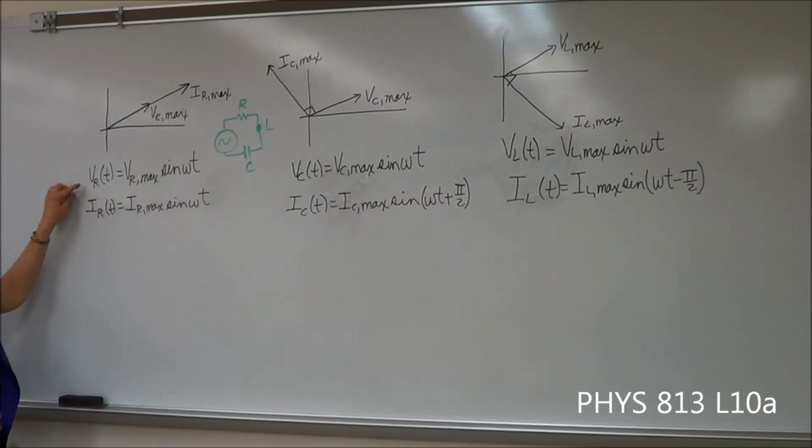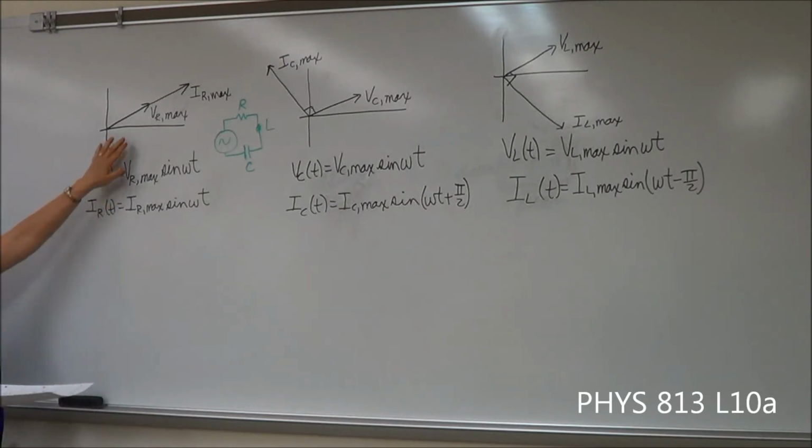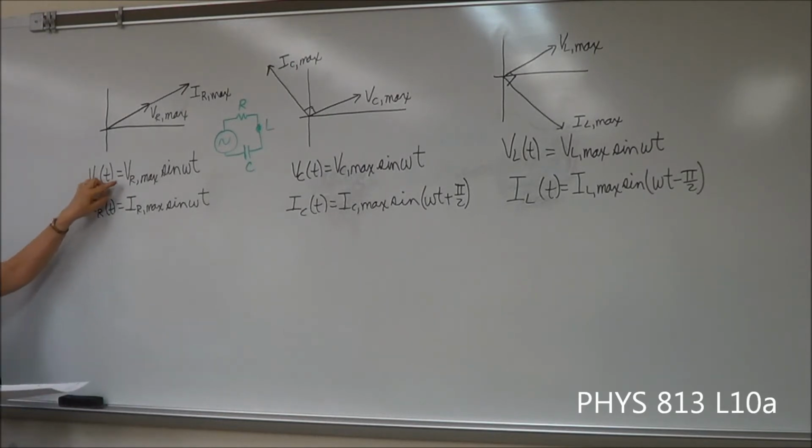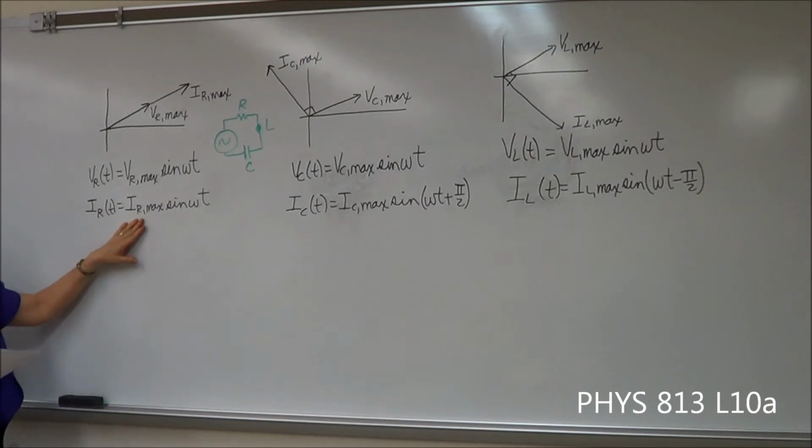Now, for the resistor, this is going to stay just like it is. So on page 82, the phasor diagram for the resistor will be this, and the voltage and the current will be what we had on the previous page.